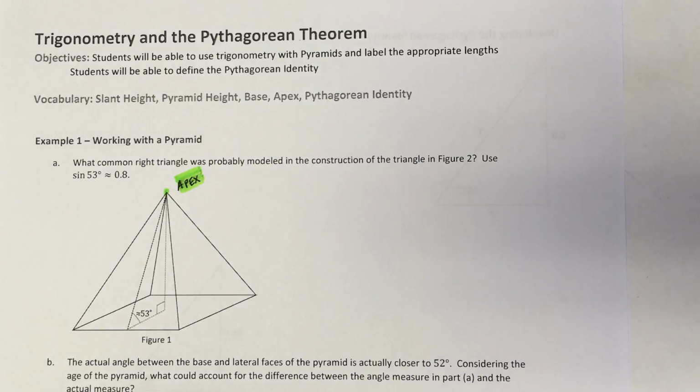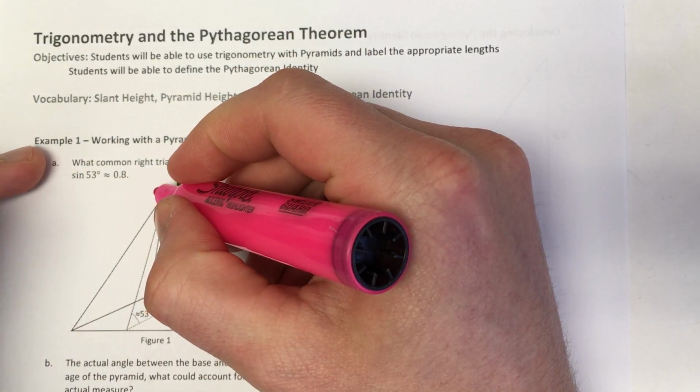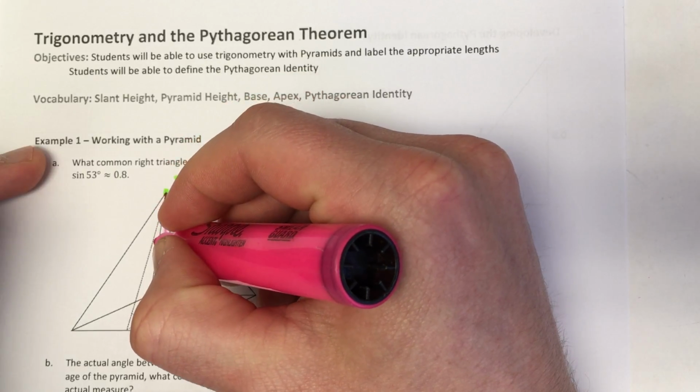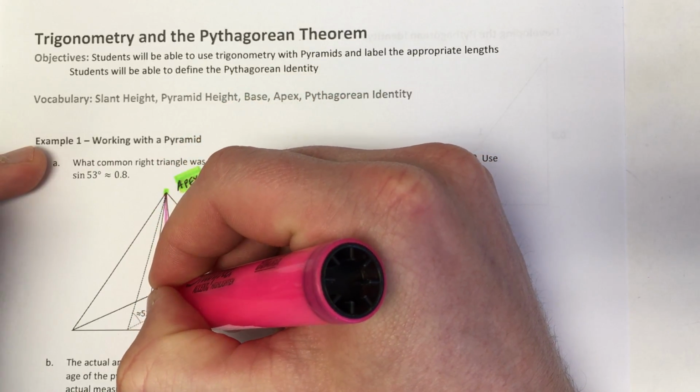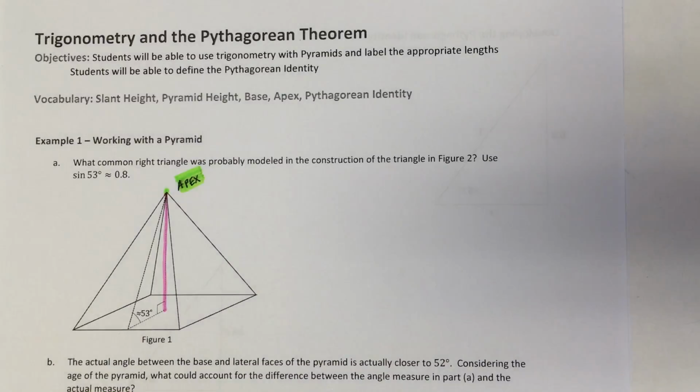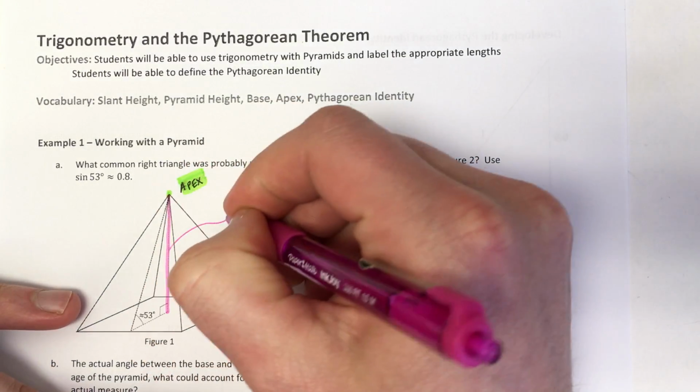Okay, the pyramid height is the apex down to the base. So that perpendicular right there in pink, that is what we call the pyramid height.